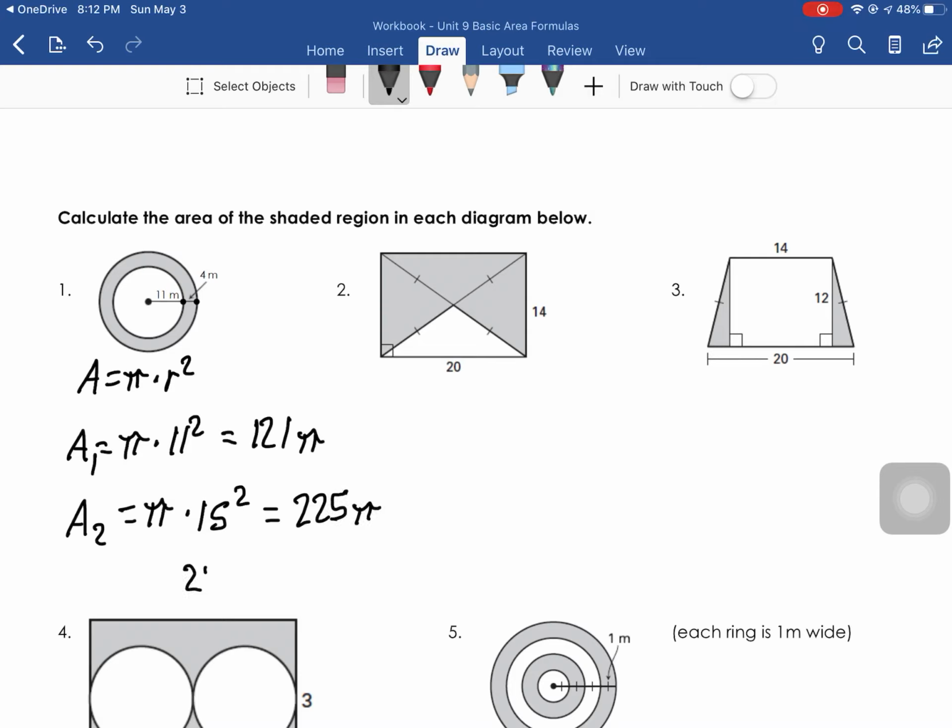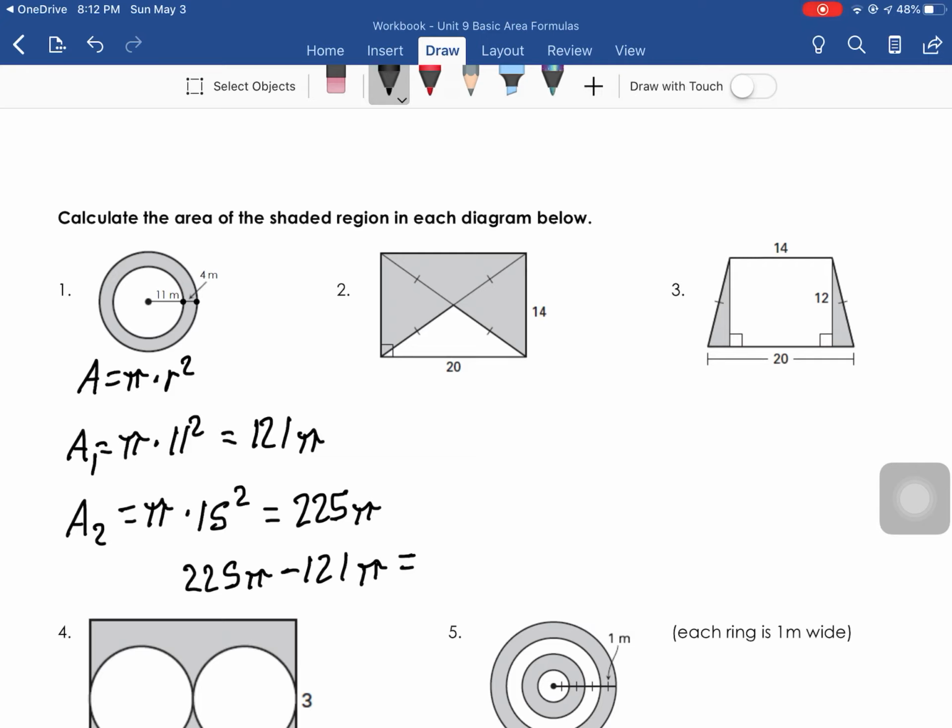Okay, so if we take the big area, 225 pi, and we subtract the smaller area, when you type this into your calculator, there's 2 ways you can do it. You can type in 225 pi, enter, minus 121 pi, enter, or you can just leave them together as they are.